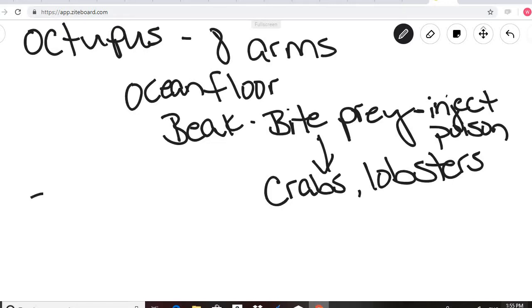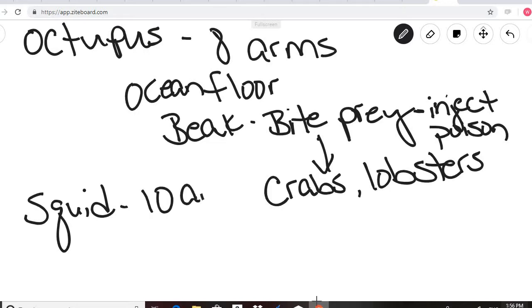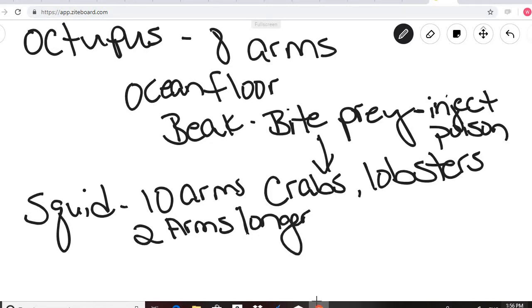If you look at the squid, a squid is different from an octopus because it has 10 arms, and 2 of those arms are longer, and those arms are used to capture their prey.